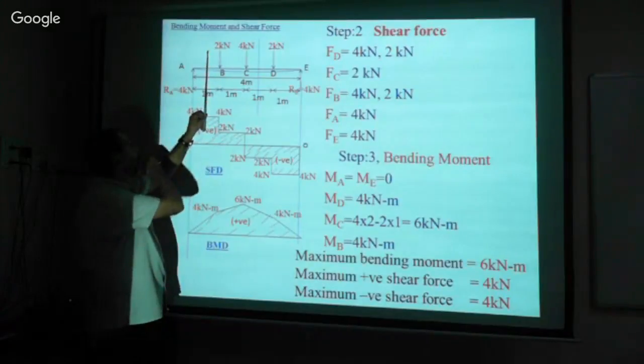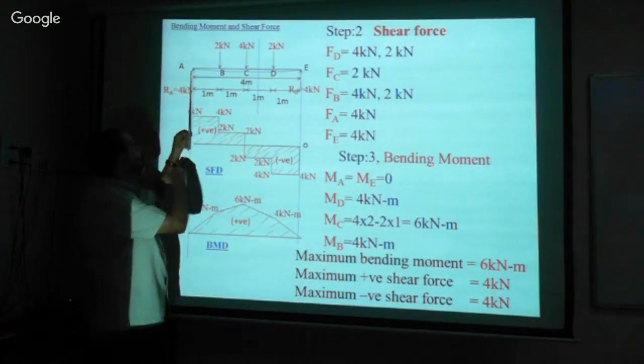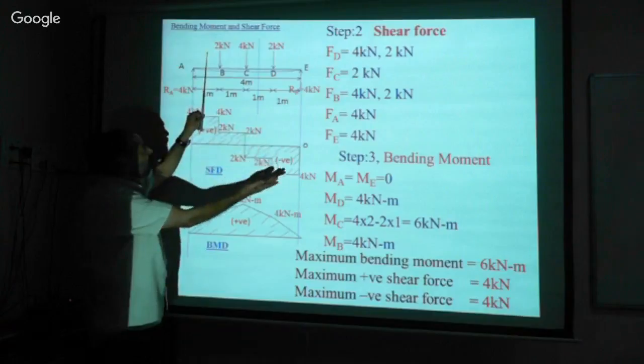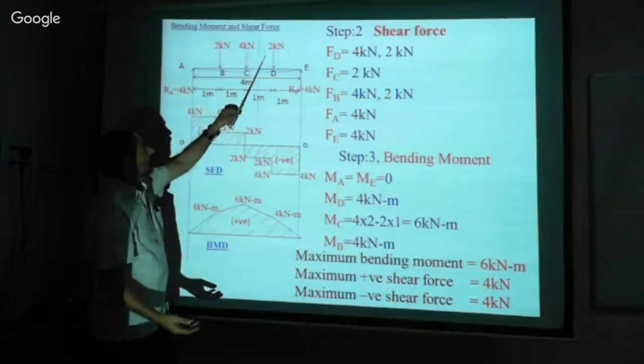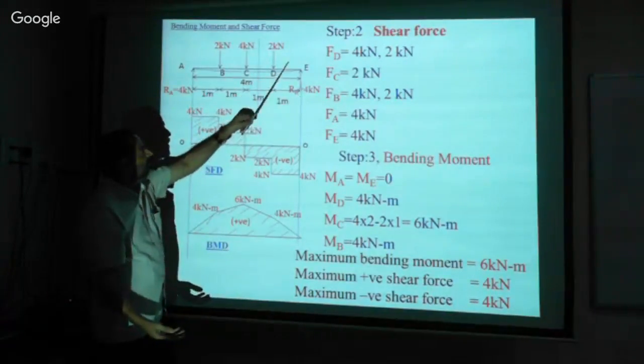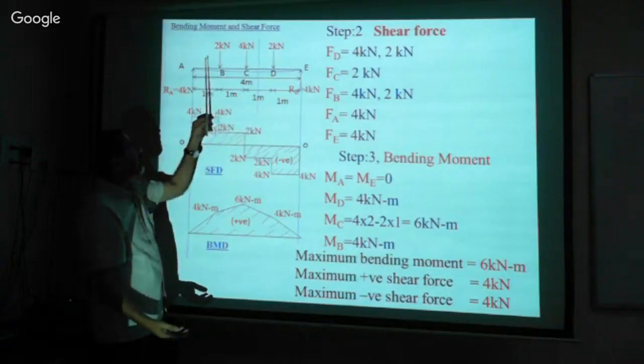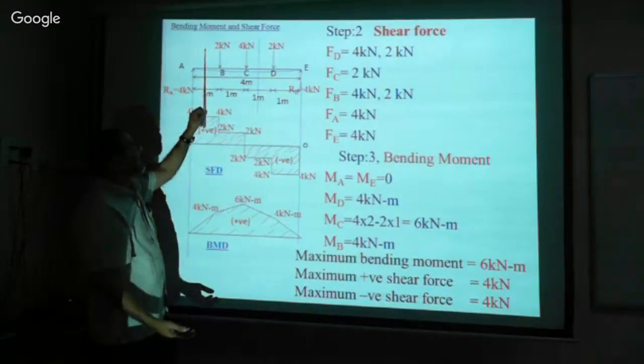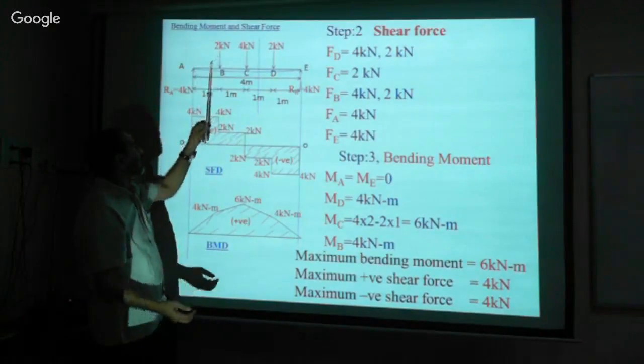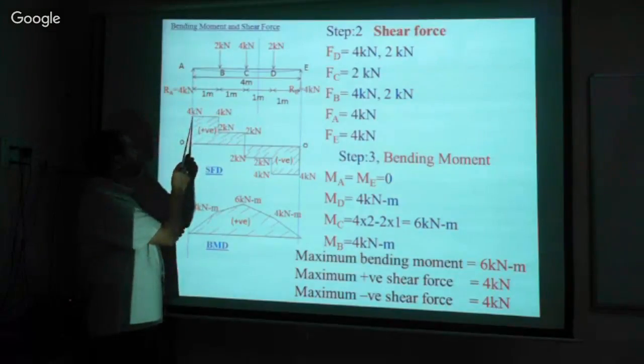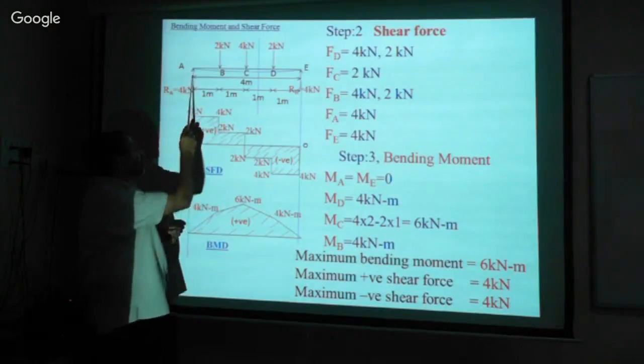If we consider the left hand side, 4 kilonewton is acting upward. If we consider the right hand side, 8 kilonewton is downward and 4 kilonewton is upward. The result is 4 kilonewton anywhere between this and this. So the shear force is constant between A and B.